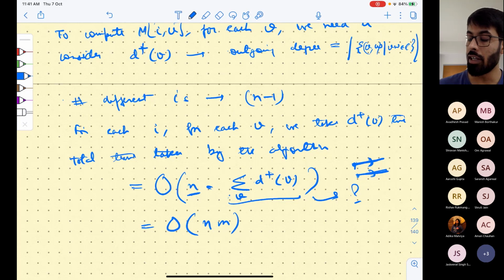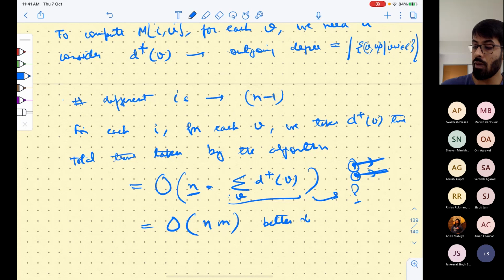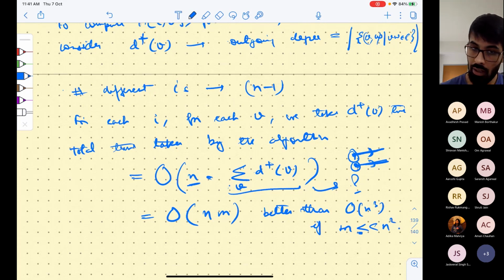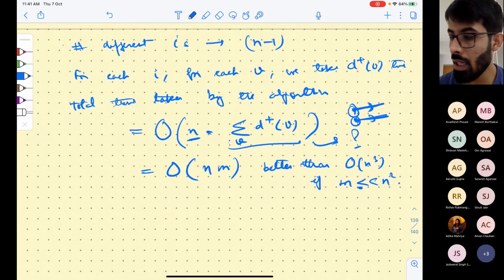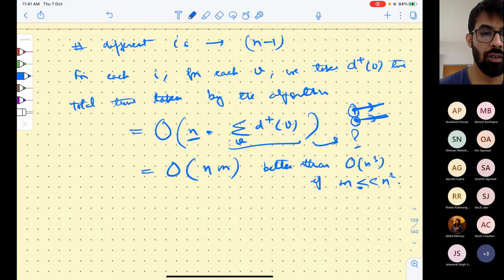That's why you get an n times m algorithm, which is better than order n cube if m is very small as compared to n square. Any questions about this?